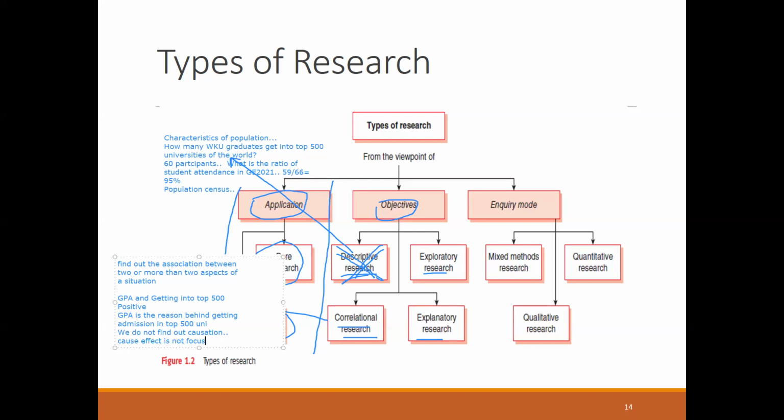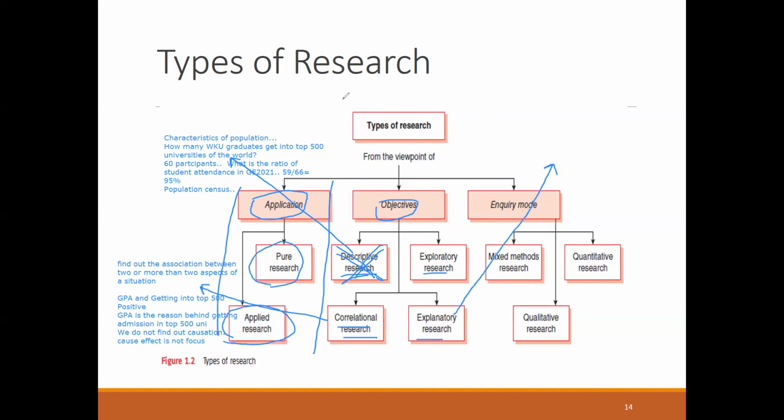This association can be positive, it can be negative, it can be any orientation. So this is correlational study. And then there is explanatory research. Let me try to simplify what is explanatory research.